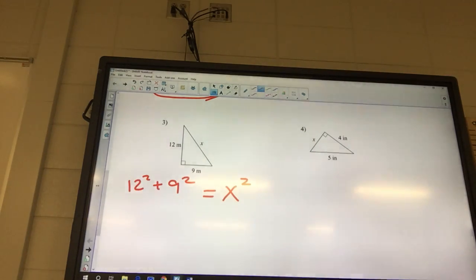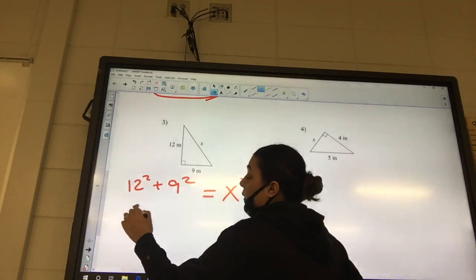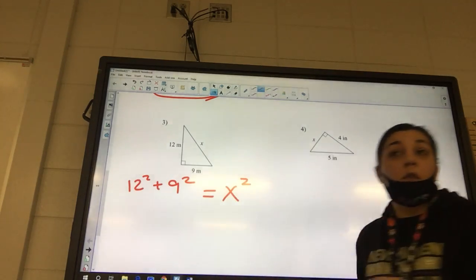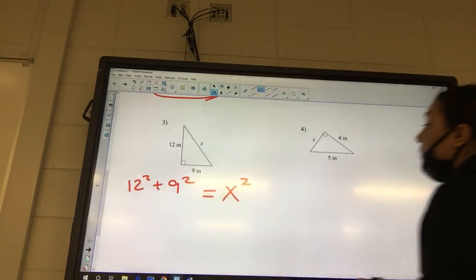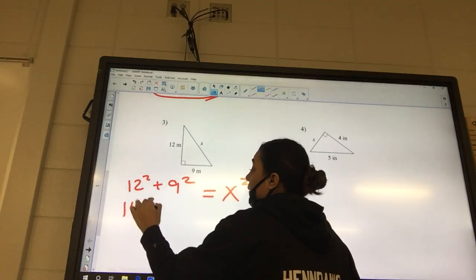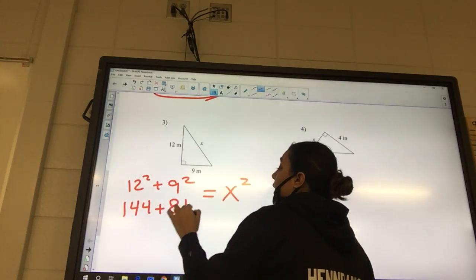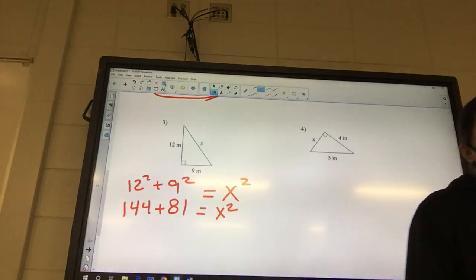Okay, and so 12 squared is what? 120? Not 120. 144. 9 squared. 81. So we got 144 plus 81 equals x squared.